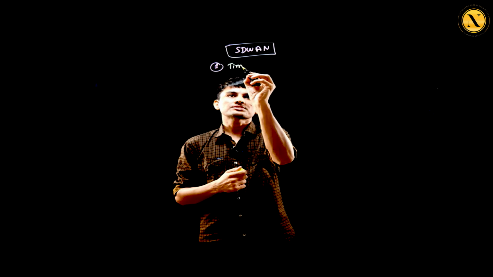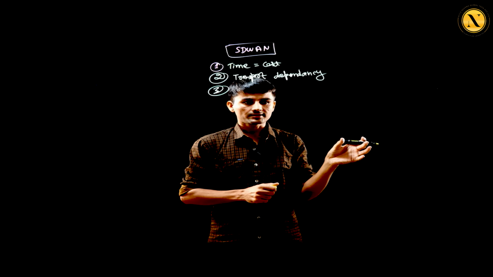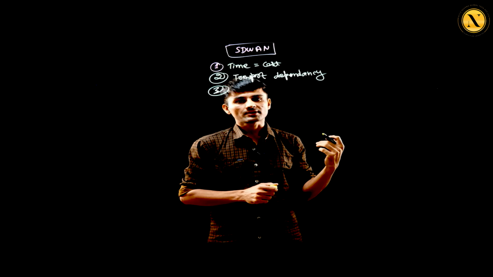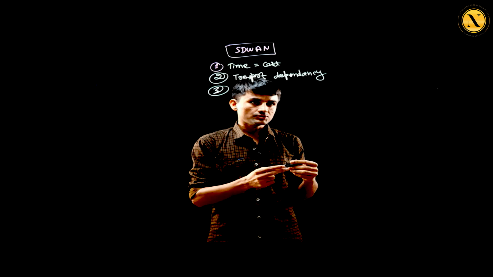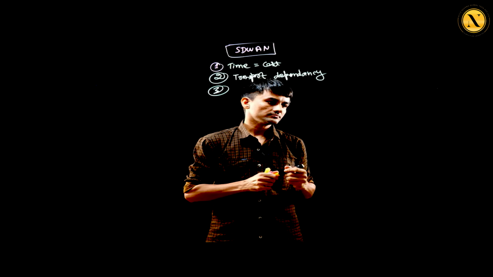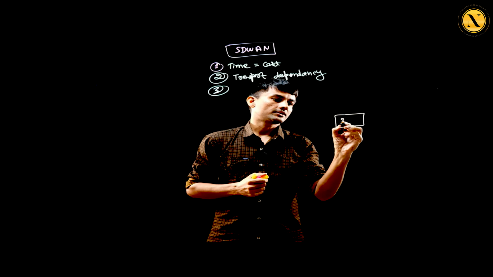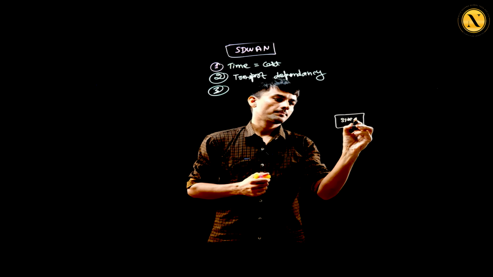The third factor I want to mention is a feature called direct internet access, provided by SD-WAN. Now what is that? Suppose you have some users sitting at one site. Let's say this is your site 1 here, and there are some users.